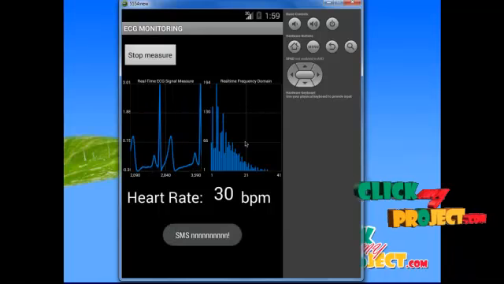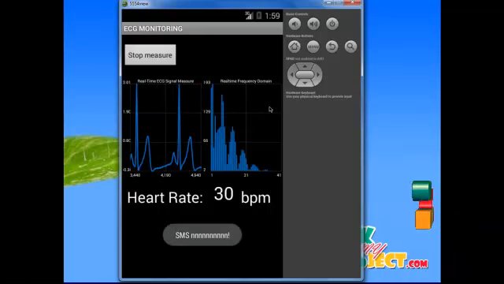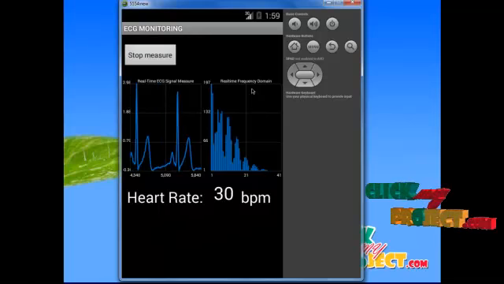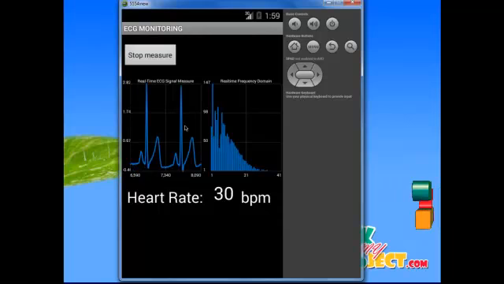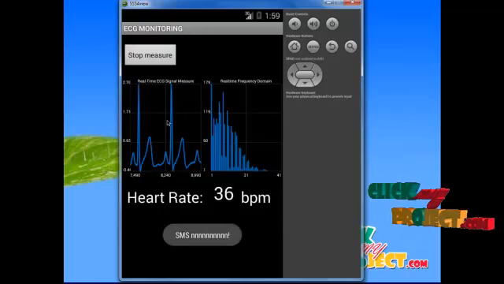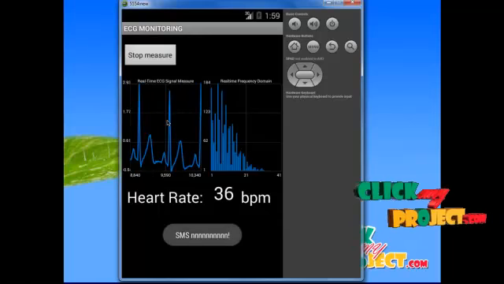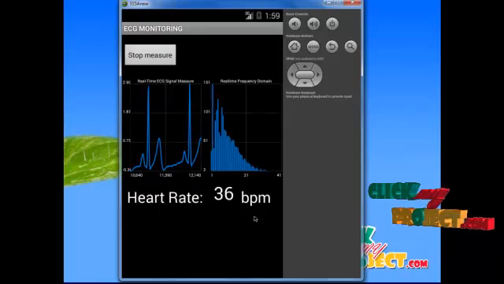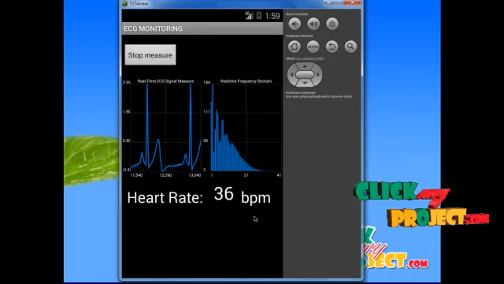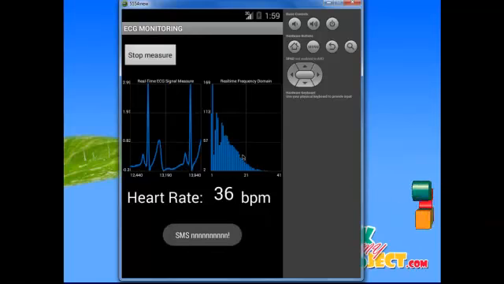After generating the real-time frequency domain signals, they are converted into the real-time ECG signal measure. After the ECG signal is measured, the heart rate in decimal will be displayed at the bottom of this application. The heart rate value is 36 bpm.